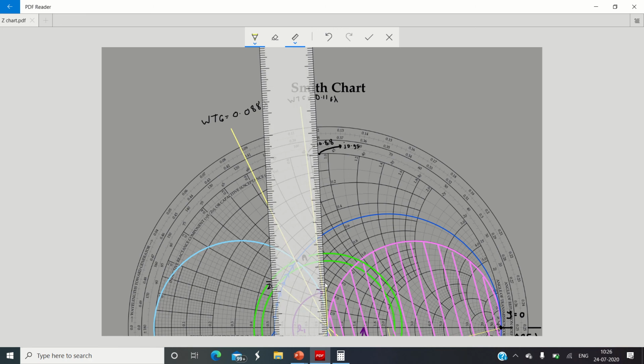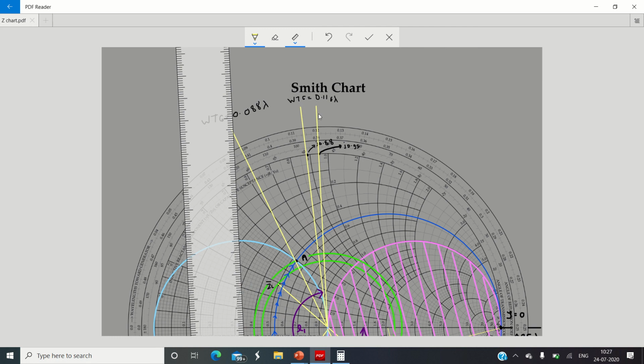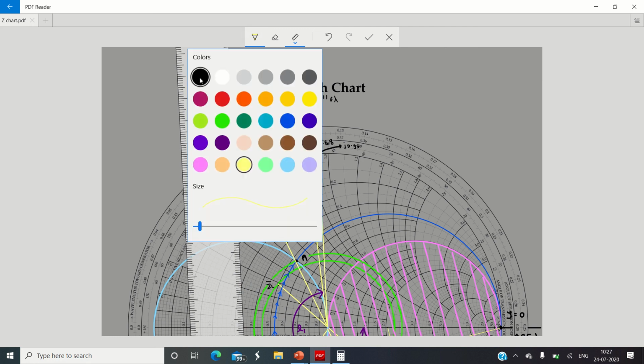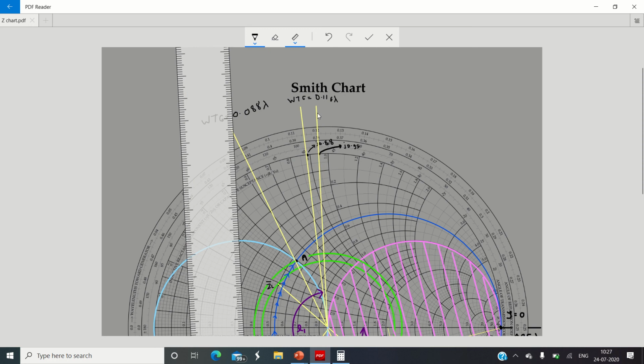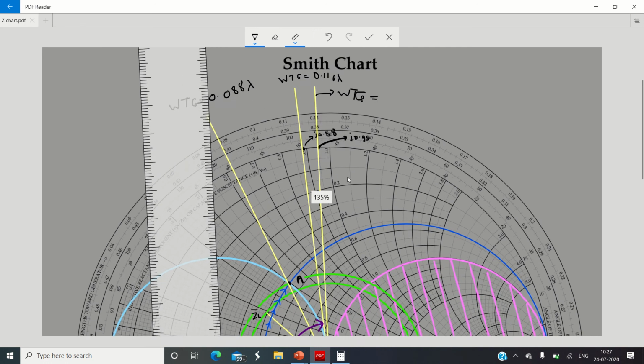You need to draw a straight line in this way, right? I'm drawing the straight line and reading WTG here. That is the WTG of this line. Here I will denote with a black color the WTG of this line. You read it.